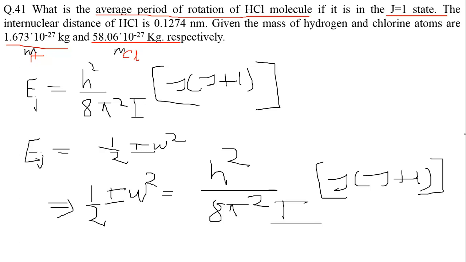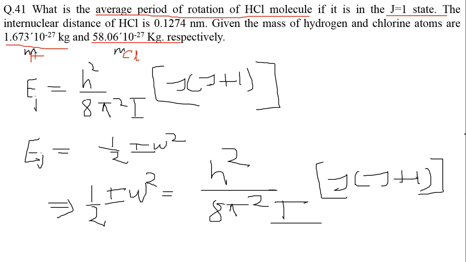So we know the rotational energy can be found in terms of the value of J. Since we know the value of J here, we can calculate the rotational energy, and it is h square by 8 pi square I, J into J plus 1. So when we equate this to the rotational kinetic energy, that is half I omega square, then we can calculate the value of omega.